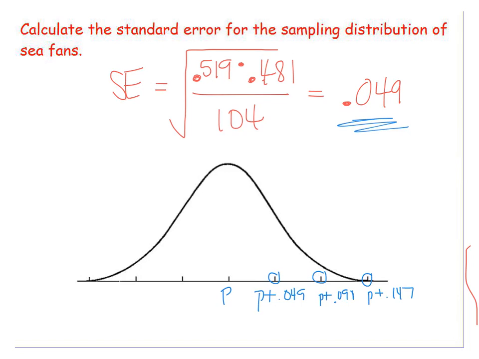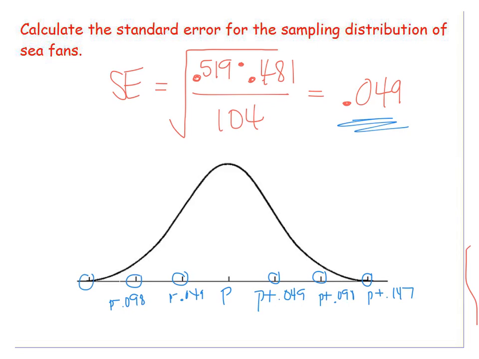Same thing works going the other direction, except we're going down. So to find this mark to the left, I'm going to take P and I'm going to subtract 0.049. To find the next one, I'm going to subtract another 0.049. So P minus 0.098.